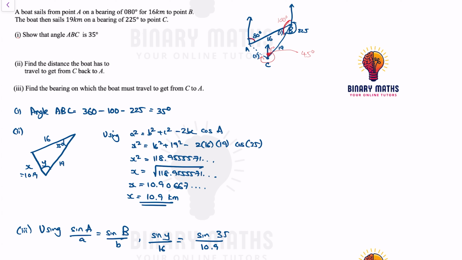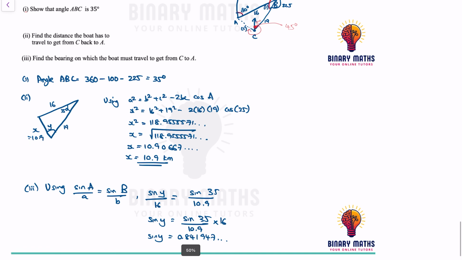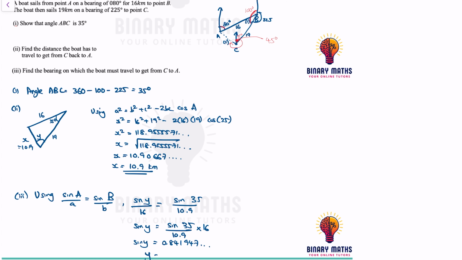That means sine of y must be equal to sine of 35 over 10.9 times 16, which gives a value of 0.841947, which means y must be equal to inverse sine of 0.841947, which means y is equal to 57.35 degrees.